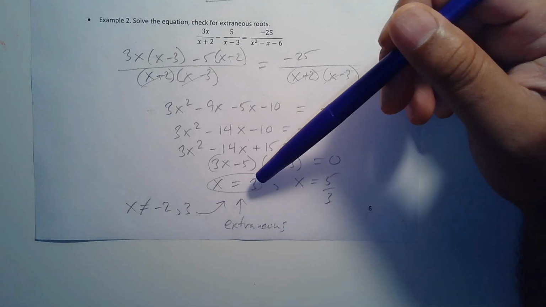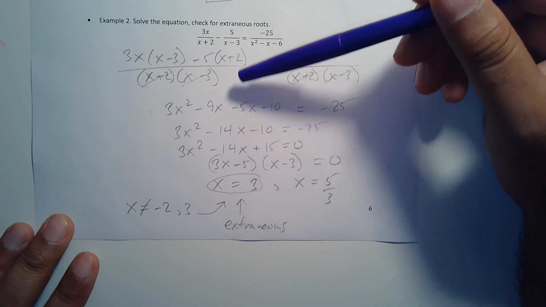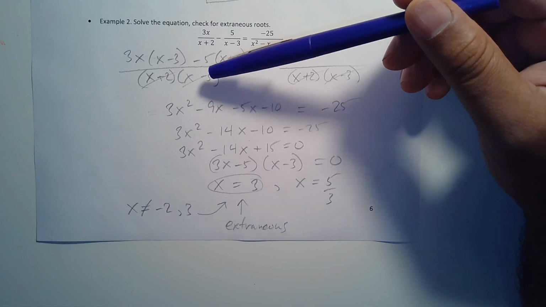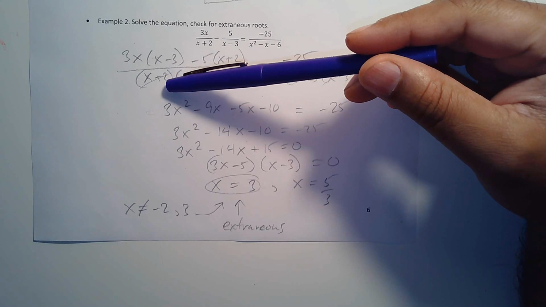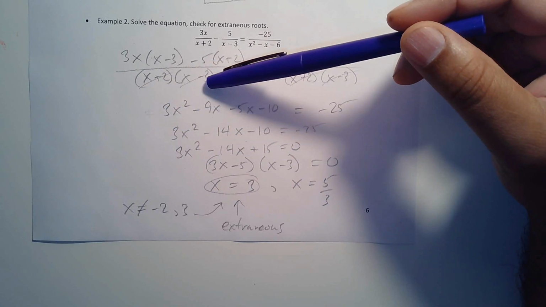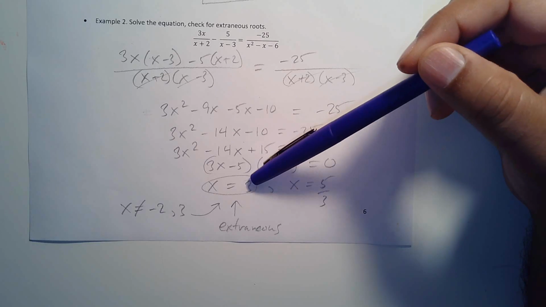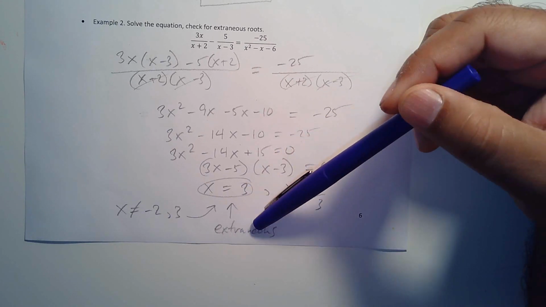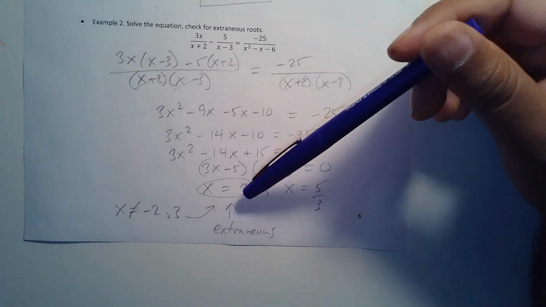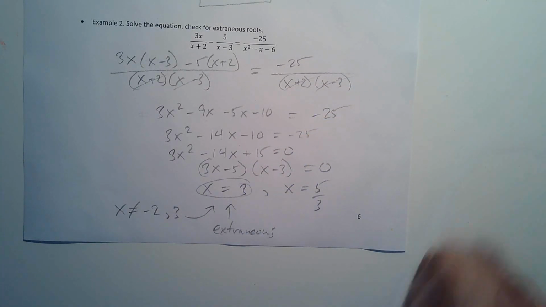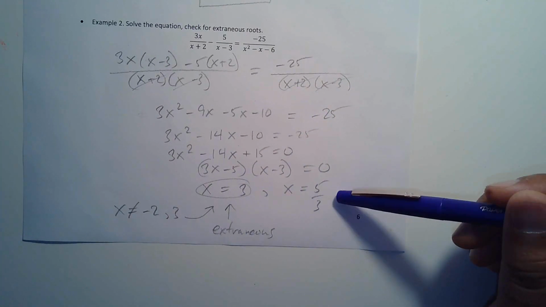So x equals 3 would be extraneous, because if you go back here, you look at what the non-permissible values are. X can't equal -2 because that'll make the bottom 0, and x can't equal 3 because that'll make the bottom 0. So we had a solution of 3, which cannot be the case, right? That violates that restriction. Okay, so therefore this one would be extraneous, and so your only answer is going to be 5 over 3.